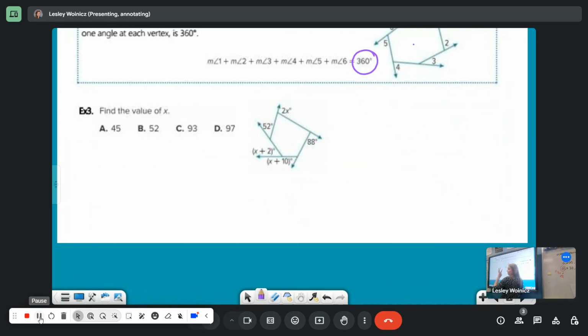That's 4x, right? And then I've got 88 plus 52. I've got 90 plus 50 is 140 plus 12. Thank you. Okay, and then we can solve for x.